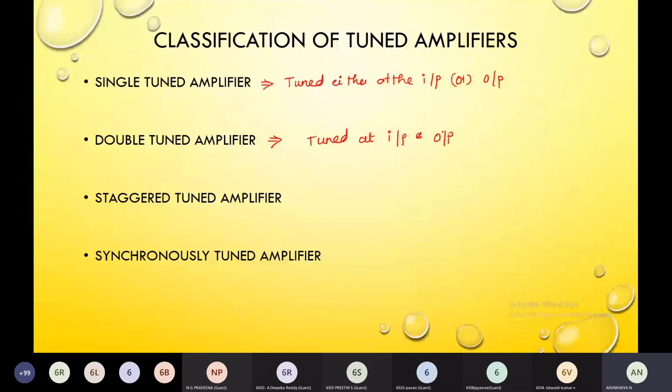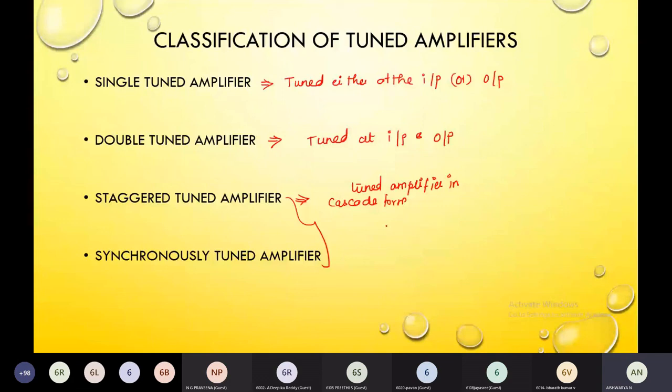Staggered tuned and synchronously tuned means you will have tuned amplifiers connected in cascade form. You will have more number of tuned amplifiers connected in cascade form. That is, not only for a single frequency, it will operate for many frequencies. That is the intention of cascading the tuned amplifiers.